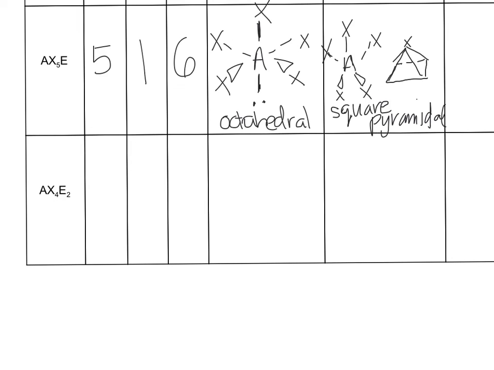Okay, last one. 4 bonding pairs, 2 lone pairs for a total of 6. Again, octahedral. Our lone pairs are going to be as far apart from each other as they possibly can.